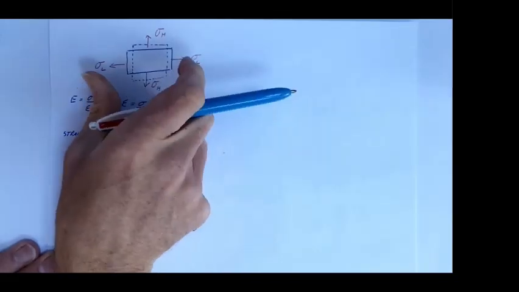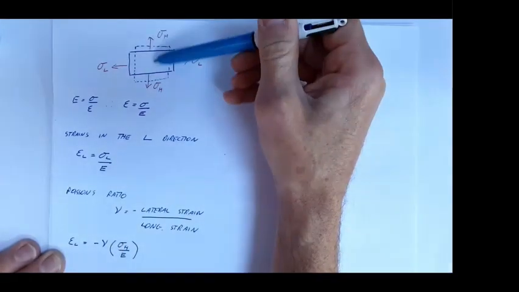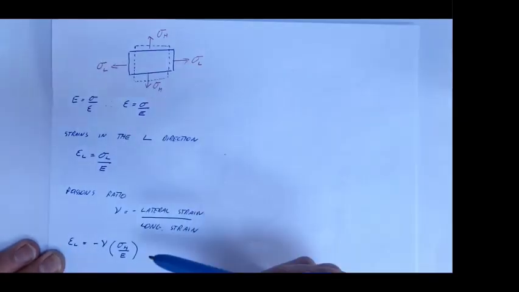It's trying to contract in that direction. The lateral strain divided by the longitudinal strain. So that's Poisson's ratio times the hoop stress divided by Young's modulus. Clearly that is the strain caused by the hoop stress in this direction.